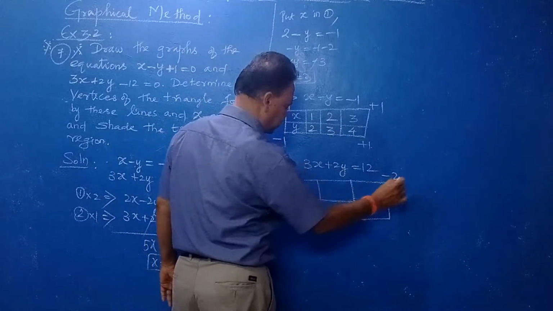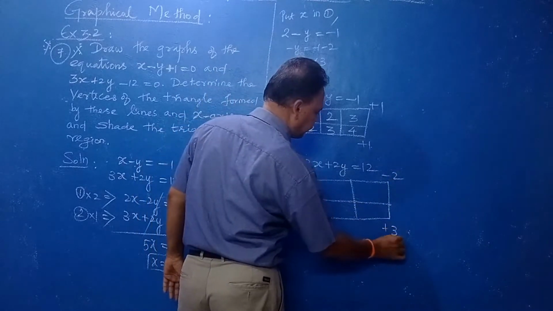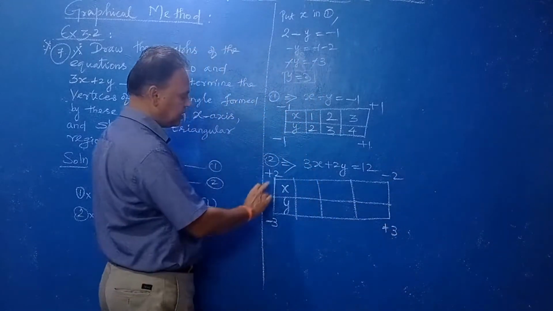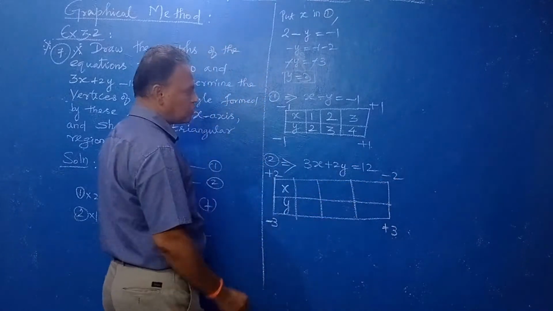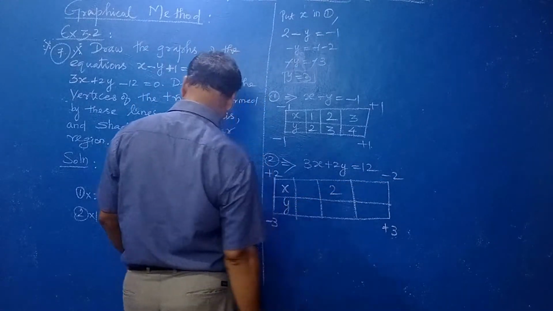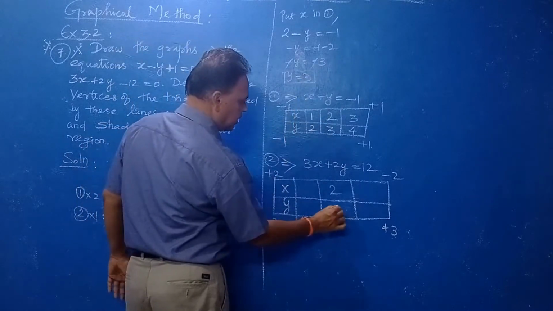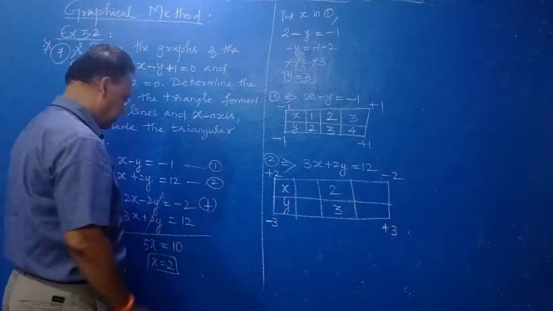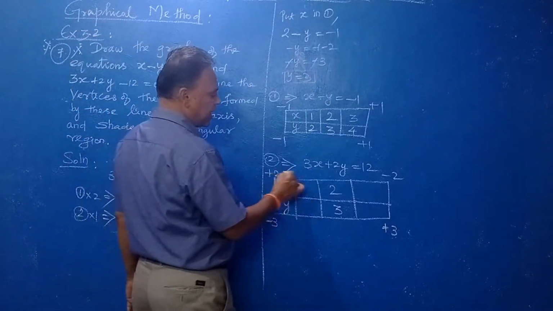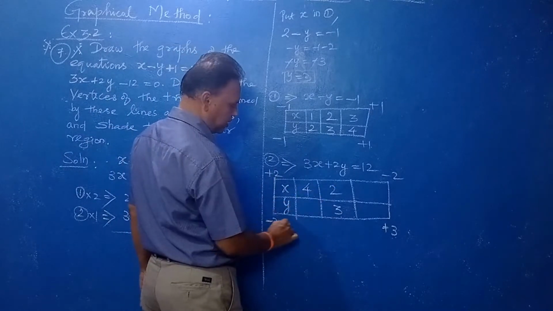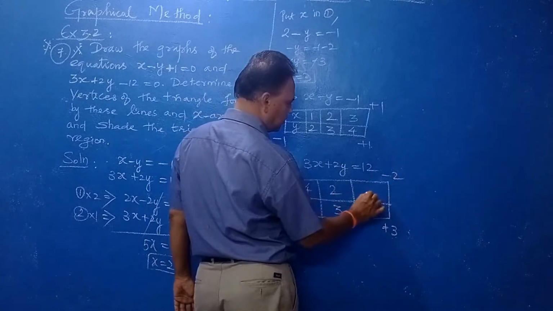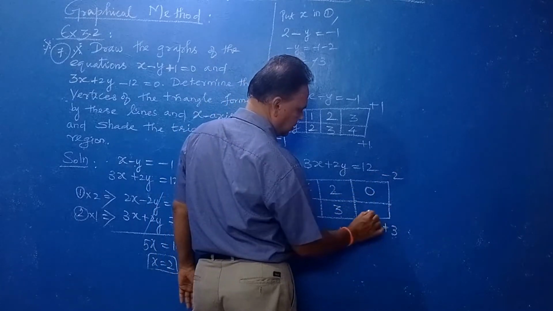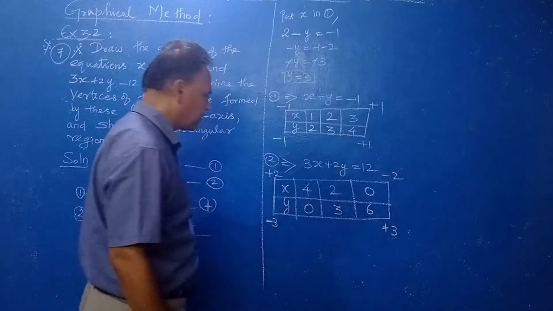Bring this one, minus 2, and this one, plus 3, and this plus 2 to this side as minus 2. Now in the center you write the one correct solution. Now just add: 2 plus 2 is 4, here 0, then here 0 and here 6 you will get. Okay.